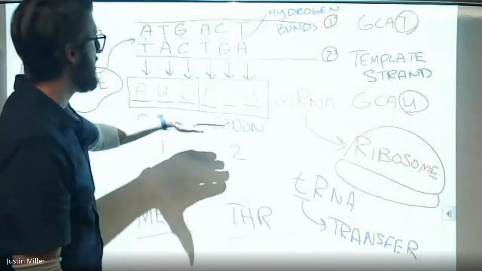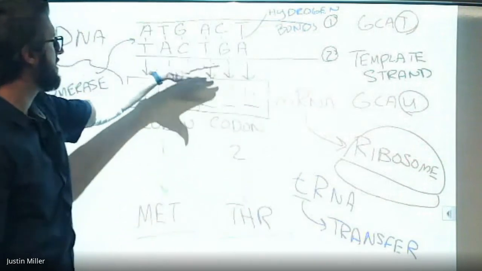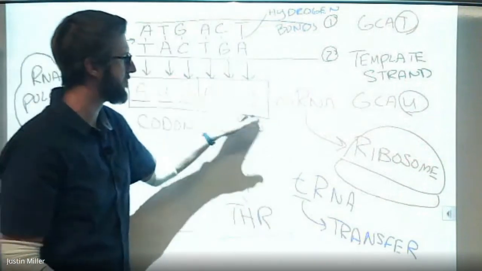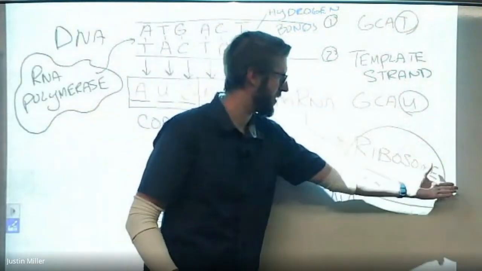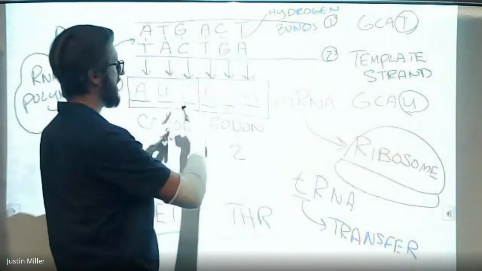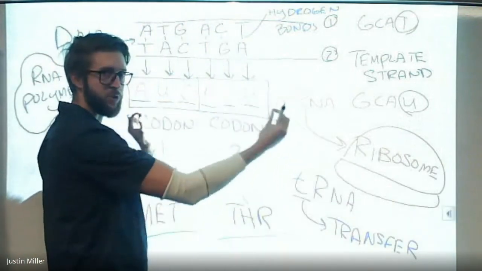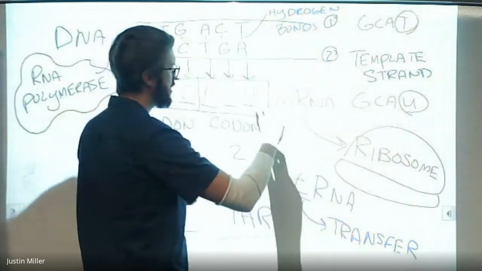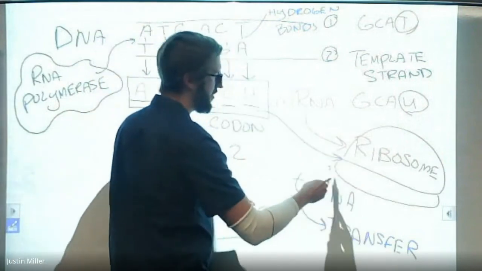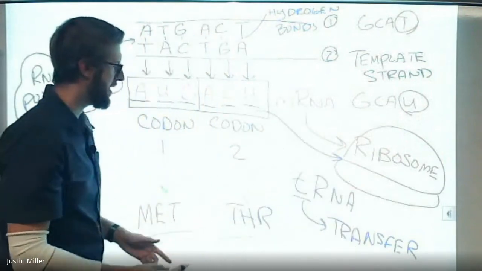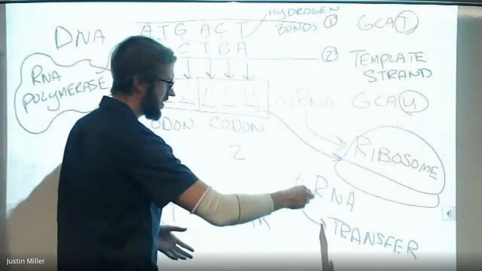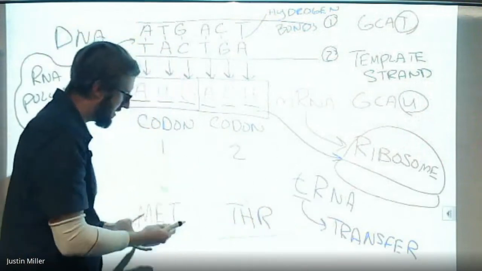Okay, so the messenger tells the ribosome, it gets read by the ribosome. So imagine this is just like a printed off strand of paper. You know, the ribosome is going to read it, but tRNA is the thing that actually physically brings the amino acids.